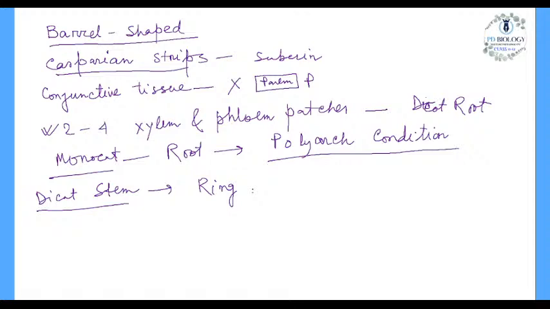Each vascular bundle in dicot stem is conjoint, open, and has endarch protoxylem.